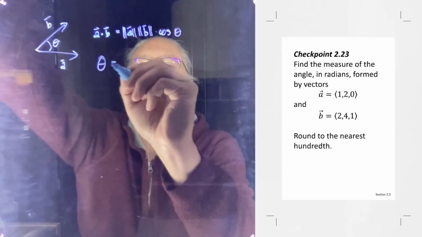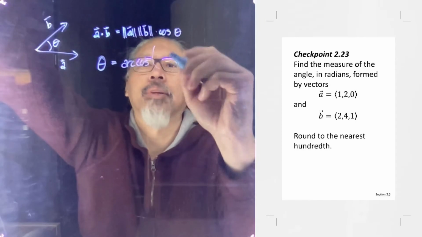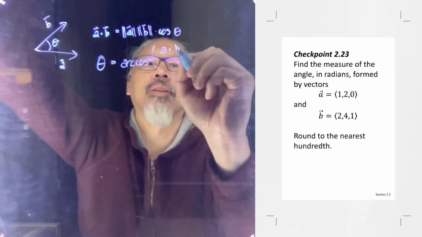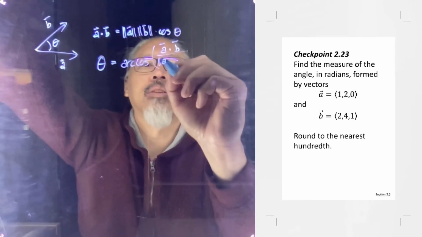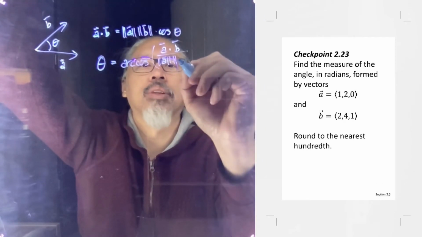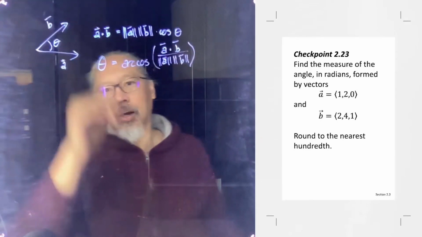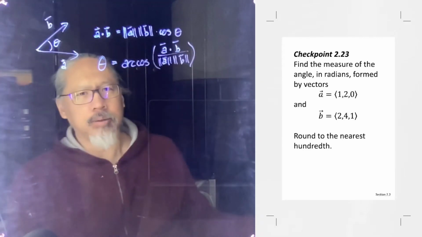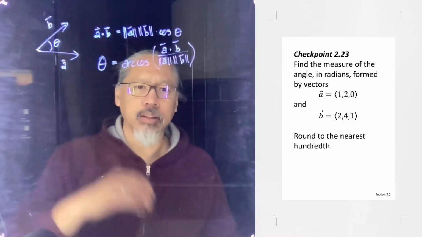So we're going to be left with something like this, and our computation will really just amount to figuring out what these values are, which is the dot product and the magnitudes. So let's take the dot product first.